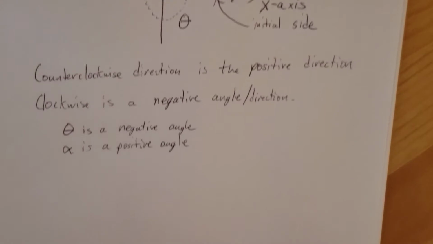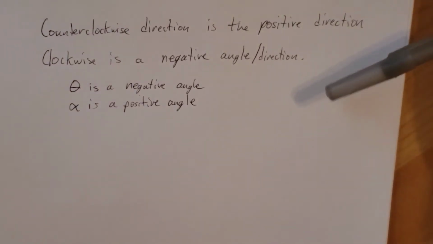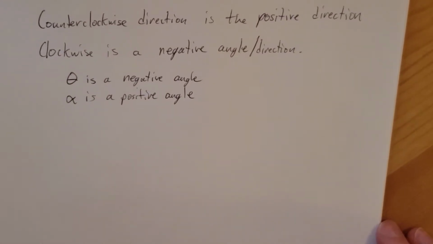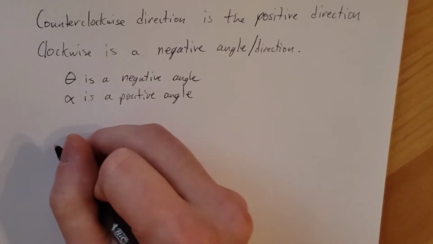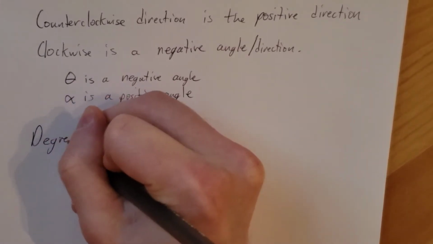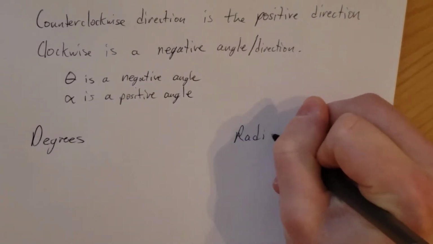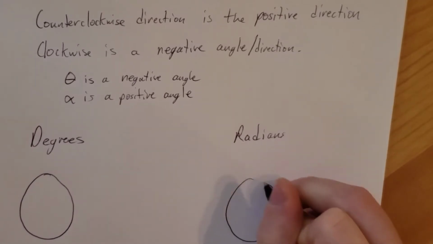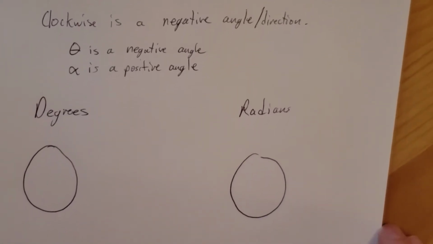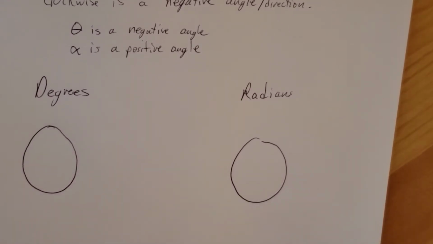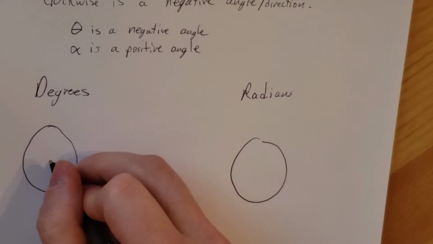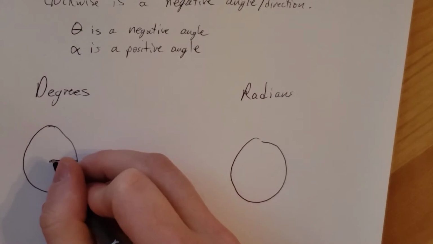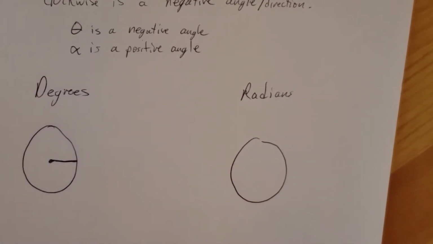So the next thing we want to look at is to discuss degree measures and radian measures on a circle. So we're going to draw two circles here. My circles will not be perfect, but I will do the best I can. So we start at the initial side along the positive x-axis if we are in standard position.